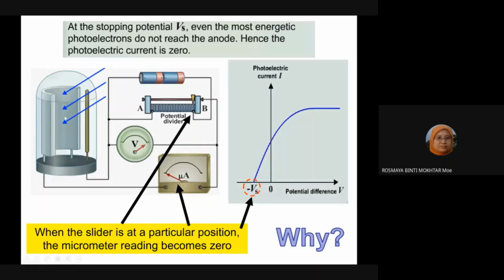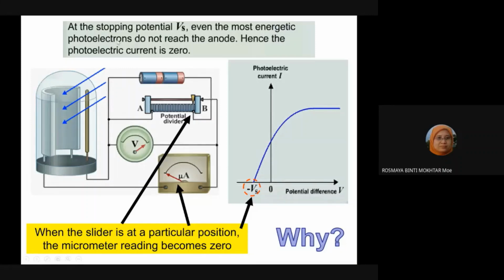So the repulsion force here is the greatest, and no electron manages to reach the anode. The anode becomes more and more negative until no electron emitted by the metal can reach it.